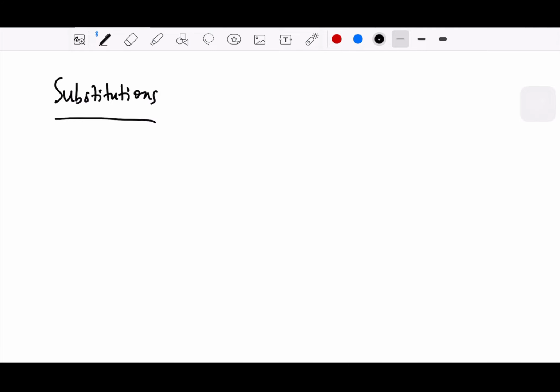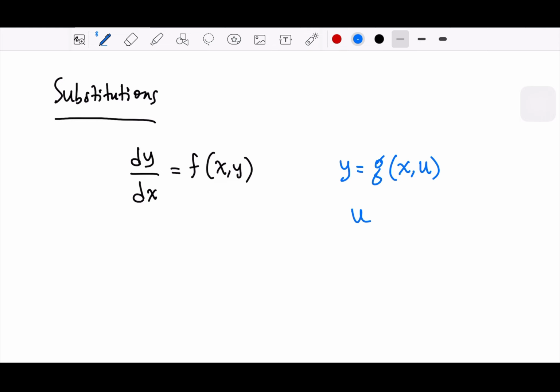So imagine that we have dy over dx equal to a specific function of x and y. And let's say y is in another function g, and this function g has two variables x and u, and u is a function of x, let's say h of x.